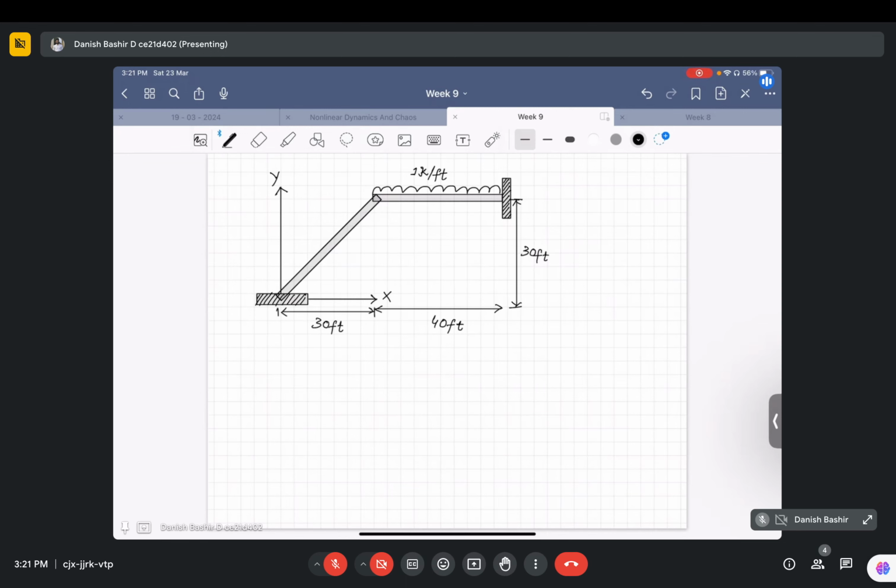And what are the additional quantities that are given? Area of each member A is 100 inch square.